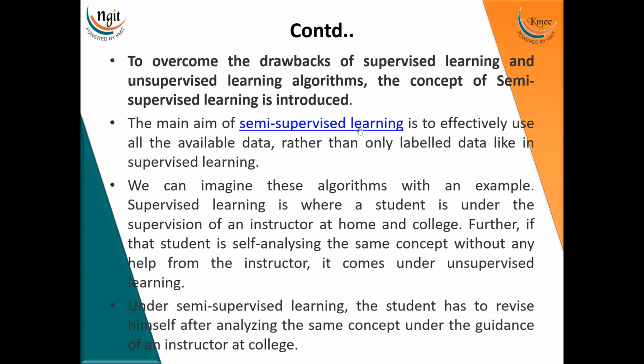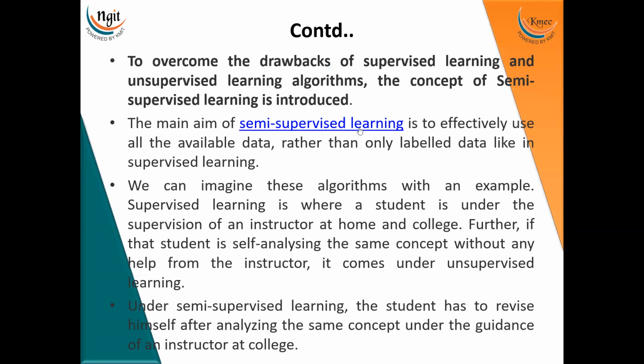We can imagine these algorithms with an example. Supervised learning is where a student is under the supervision of an instructor at home and college. Further, if the student is self-analyzing the same concept without any help from the instructor, it comes under unsupervised learning.